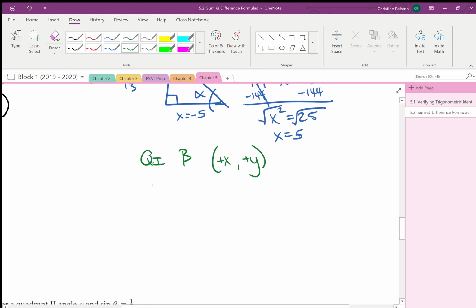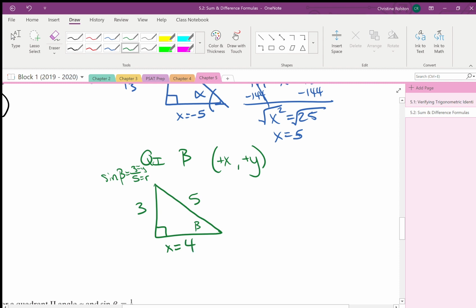And I knew sine beta was 3 over 5. So again, I have my opposite, my y, and my r is 5. Now, some of you already know this because it's a Pythagorean triple. Your x is going to be positive because we're in quadrant 1, and it's going to be 4.